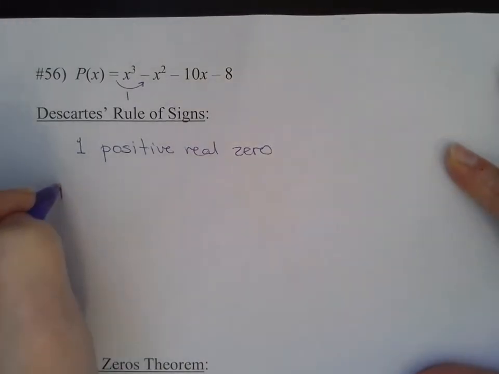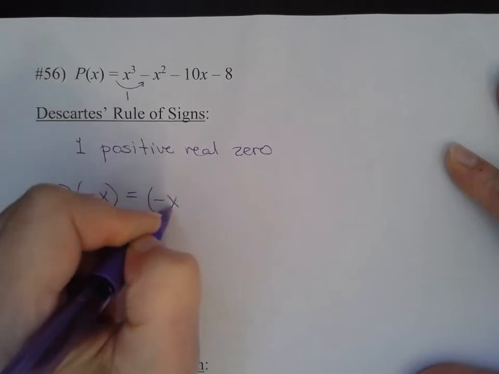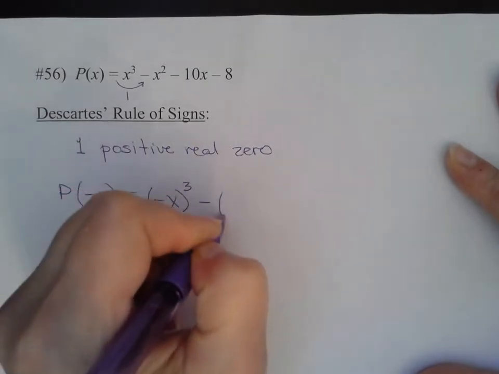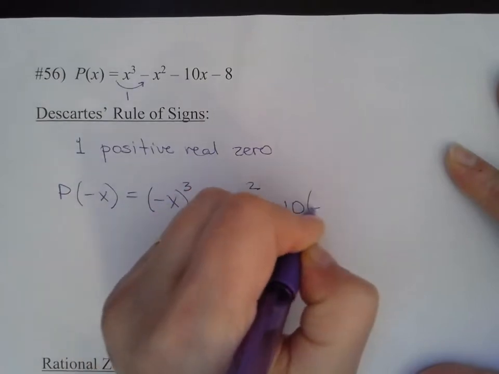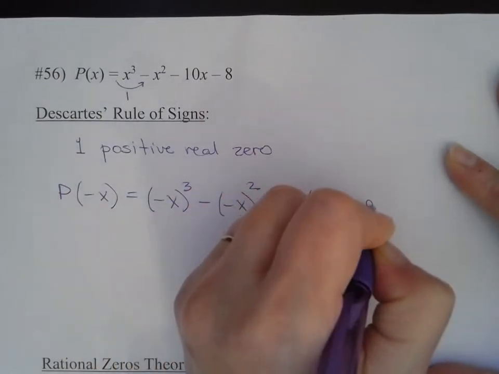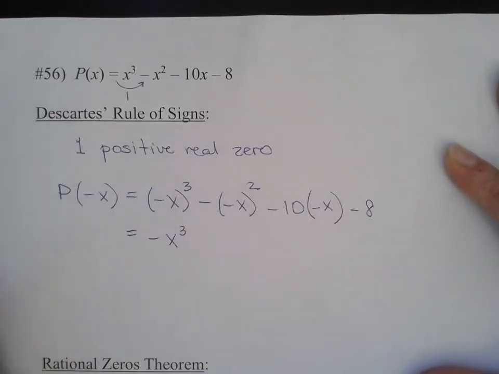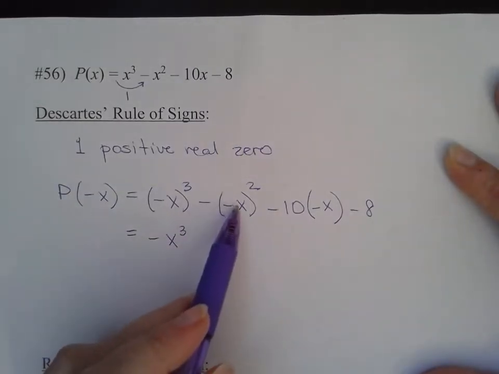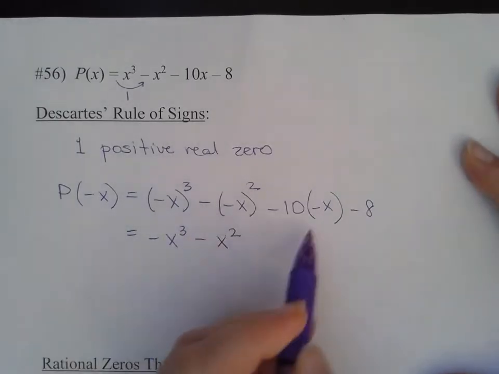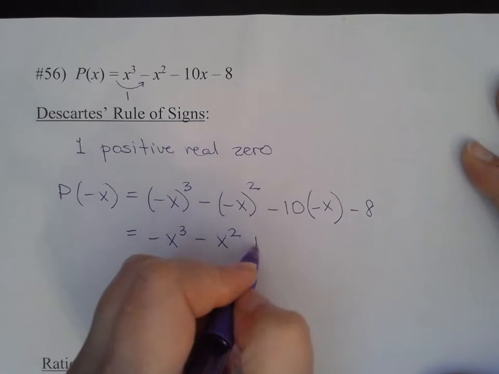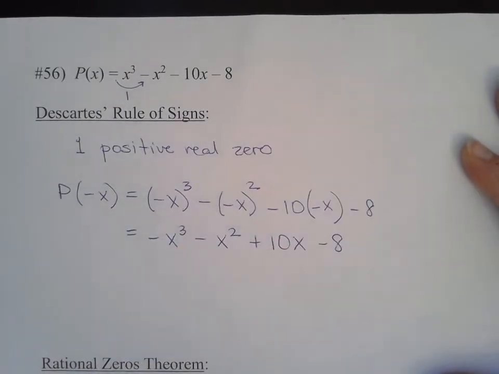Okay, now let's find p of negative x. So that's going to be negative x cubed. This is going to make this positive, but I still have a minus, so it'll be minus x squared. This becomes a plus 10x minus 8.